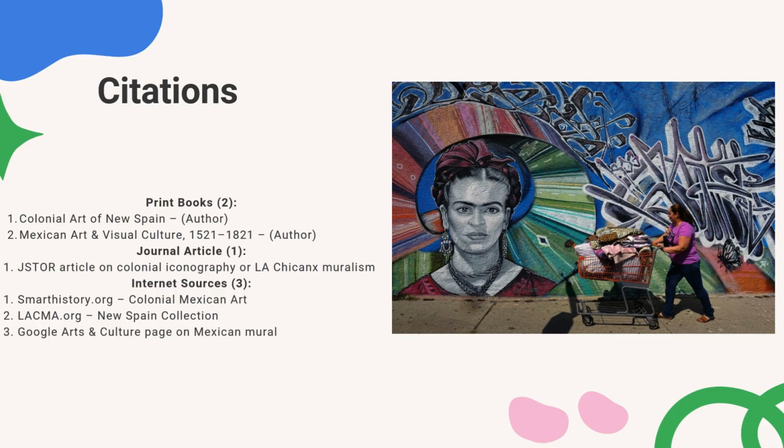Symbols created in the colonial era, once confined to canvases and churches, now resonate in the streets of Los Angeles. As expressions of pride, memory, and collective identity, murals show that art is never static. It grows with its people by transforming colonial visual traditions. Today's artists create a vibrant, living dialogue between past and present.